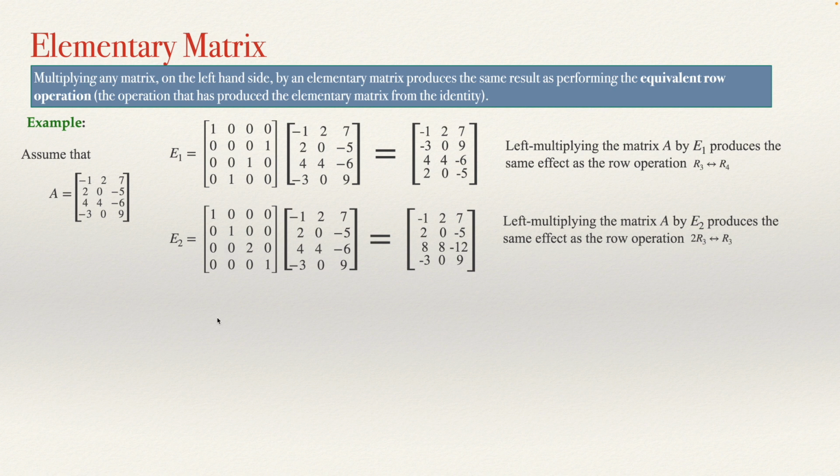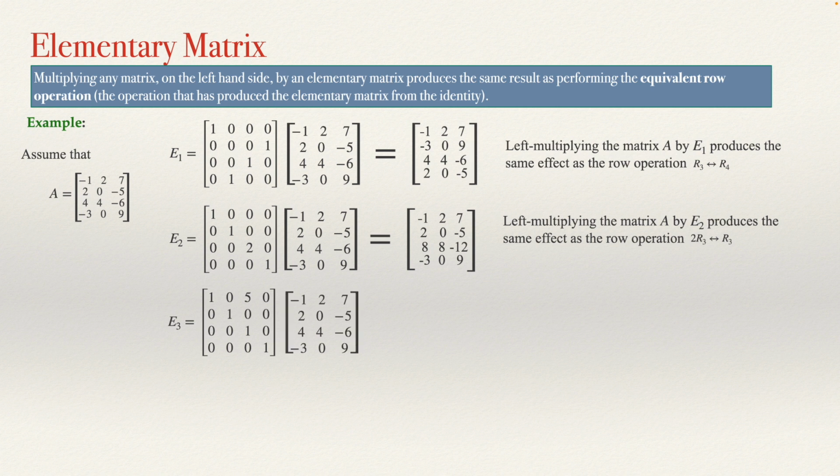Finally, if we have this elementary matrix, you notice that it was the identity in which we have added to the first row 5 times the third row. So if we multiply this by this matrix, you are going to notice that, let's say first row, first column, 1 times negative 1, that will be negative 1.